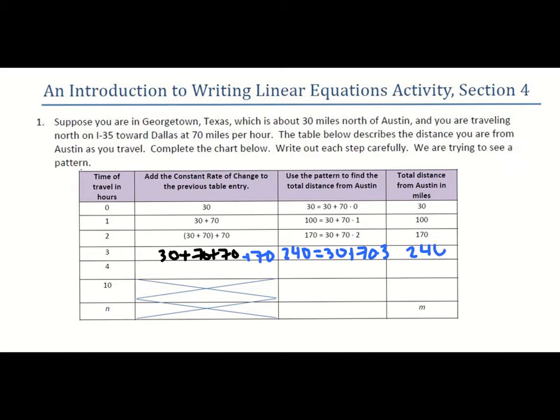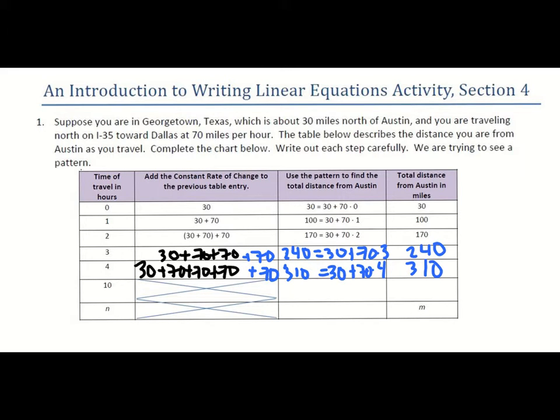And then the next one, I'm doing the 30 plus the 3 previous 70s, plus I'm adding a new 70. So now I'm doing my original 30, plus now I have 4 70s. That's going to get me 310 miles in those 4 hours.